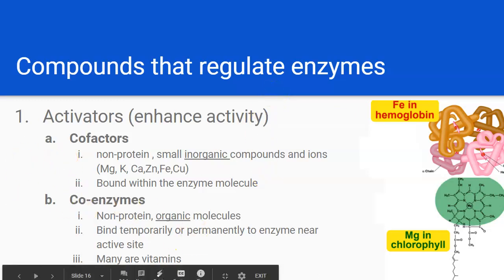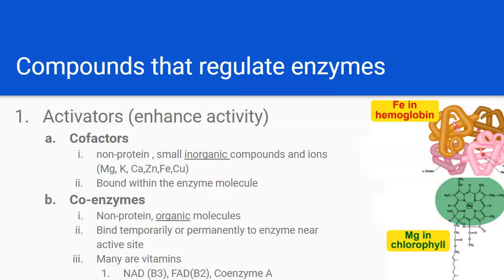Coenzymes are another thing. They are also non-proteins, but these are organic molecules. They temporarily or permanently bind to an enzyme near its active site. It's called a coenzyme because it's a helper. It helps make the magic happen and works with the enzyme together. A lot of these are actually vitamins, and again, they're organic compared to cofactors, which are inorganic.